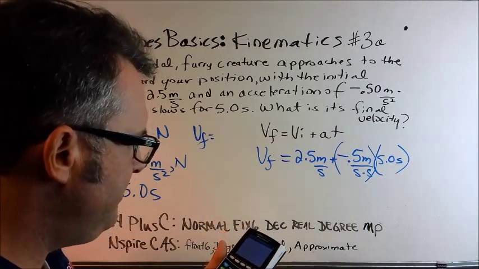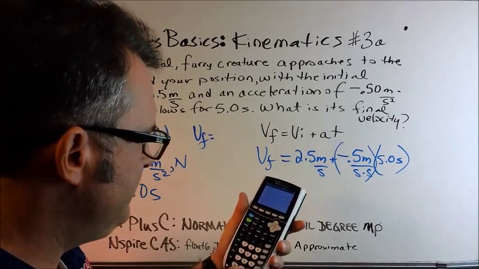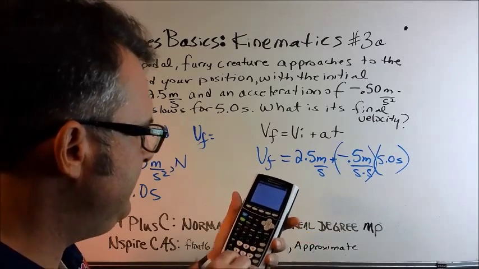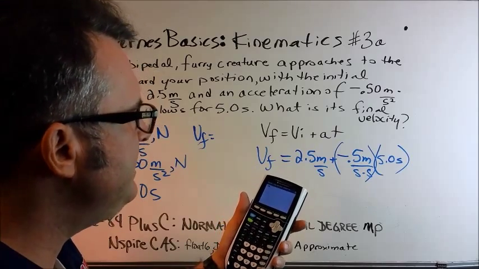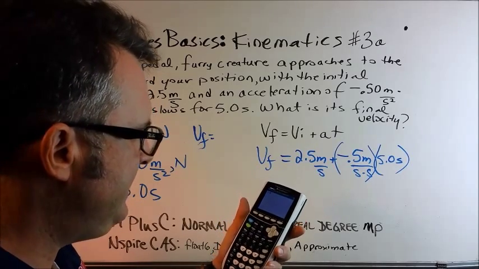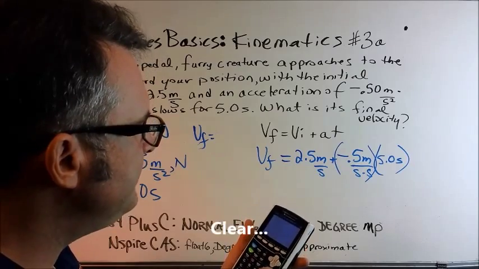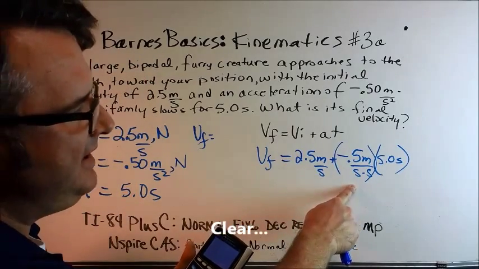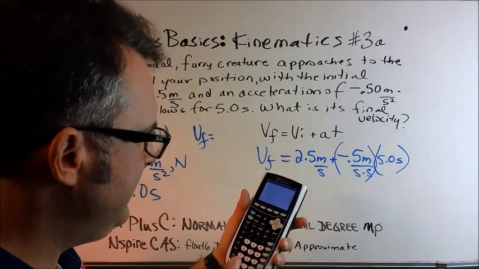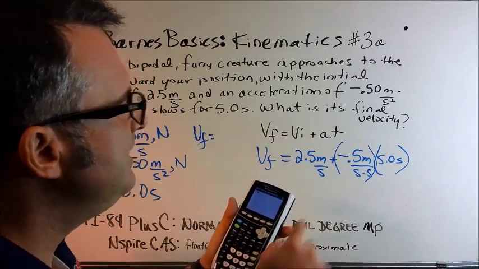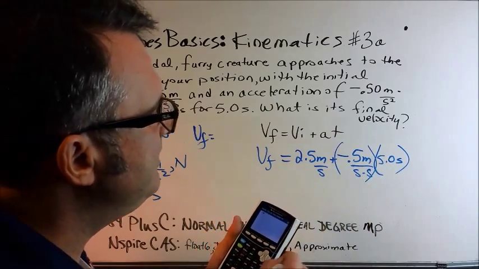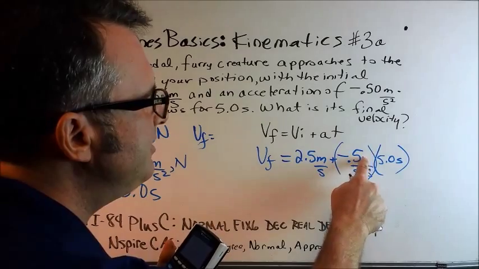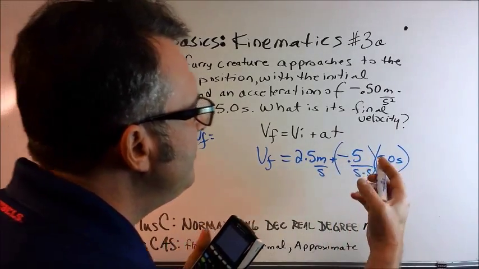Let's say on and clear. Down at the bottom right of the keypad we're going to hit the negative button. That's not going to work. Hold on a minute. All right, let's start over again. Down at the bottom right of the keypad, let's put negative and then 0.50, and multiply by 5.0.